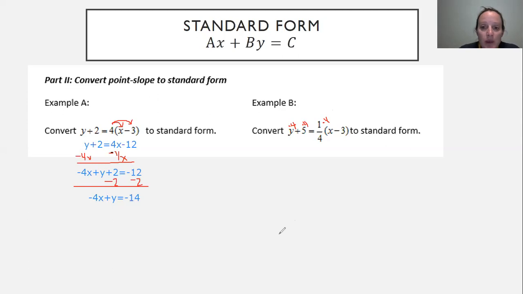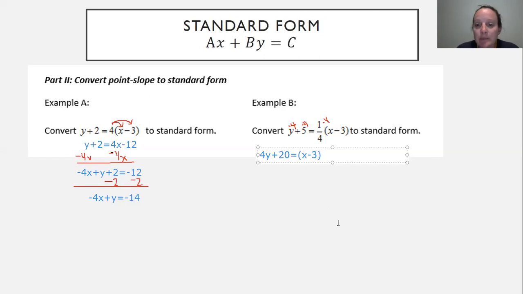So when I multiply by 4, here's what I get: 4y plus 20 equals, well, the 1/4 times 4 just cancels out, and it's equal to x minus 3, and I can leave it in terms of parentheses.